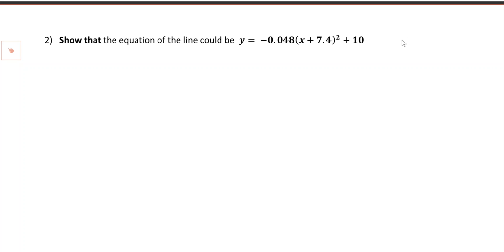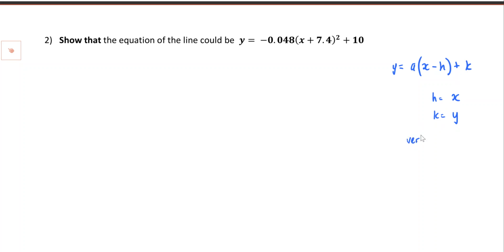Well, I did like some people saying that vertex form is y equals a times (x minus h) squared plus k, where h is the x coordinate and k is the y coordinate. So just putting that in, right?